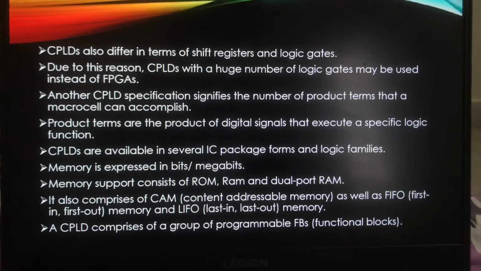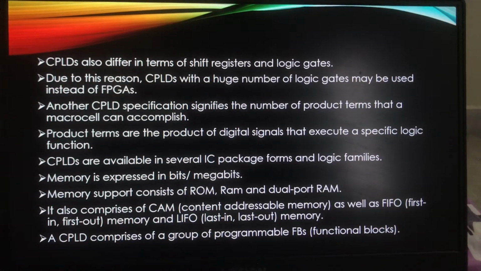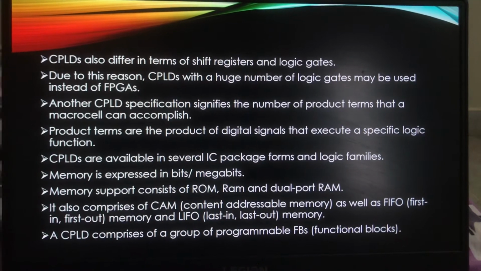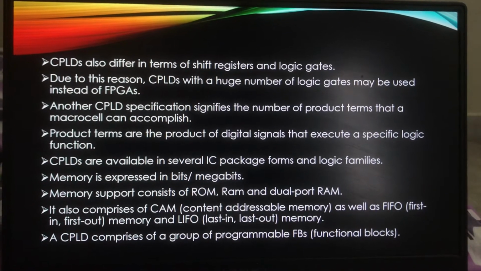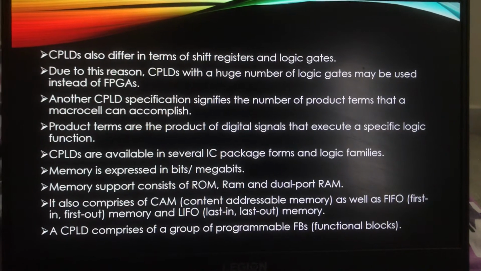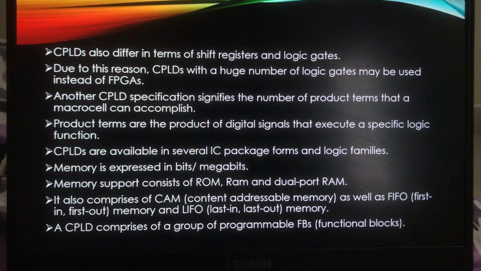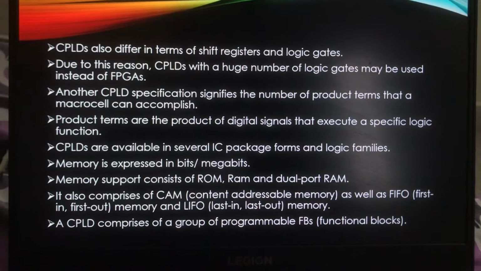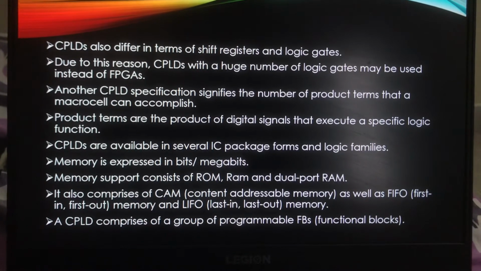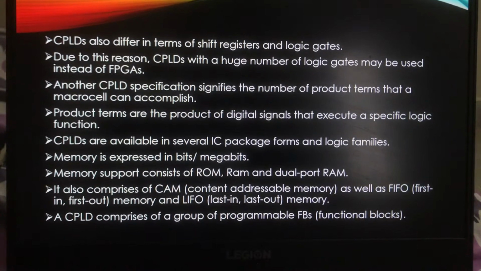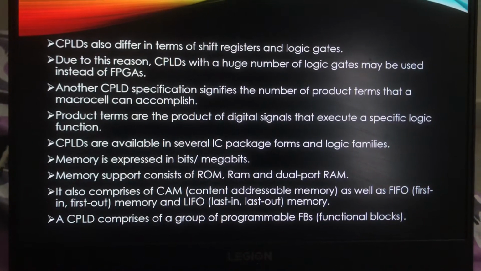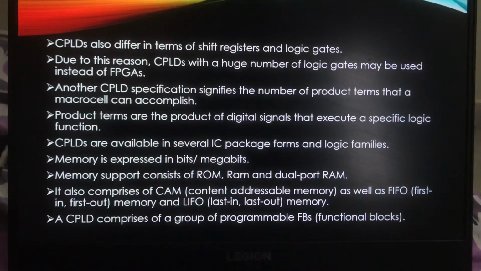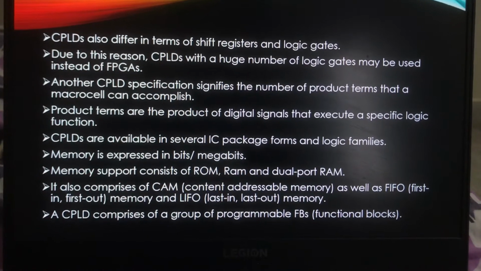CPLDs also differ in terms of shifts, registers, and logic gates. Due to this reason, CPLDs with a huge number of logic gates may be used instead of FPGAs. Another CPLD specification signifies the number of product terms that a macrocell can accomplish. Product terms are the product of digital signals that execute a specific logic function.